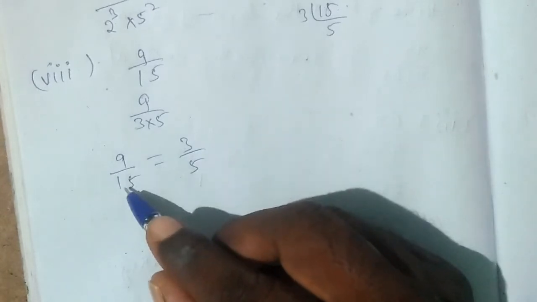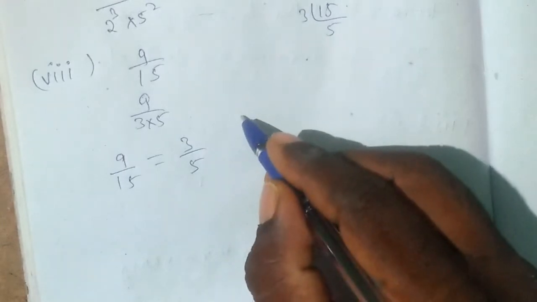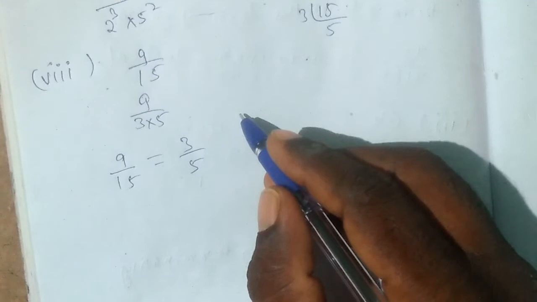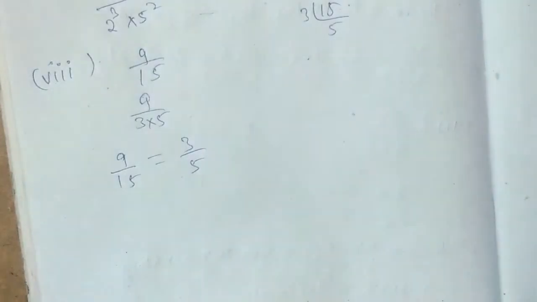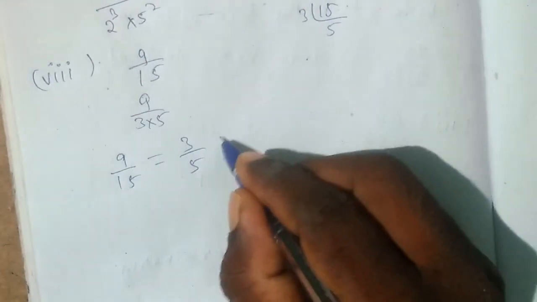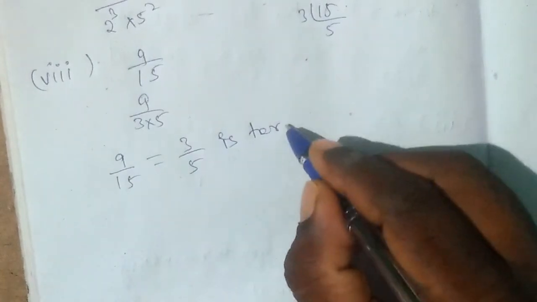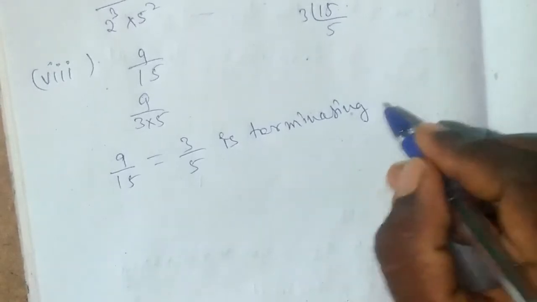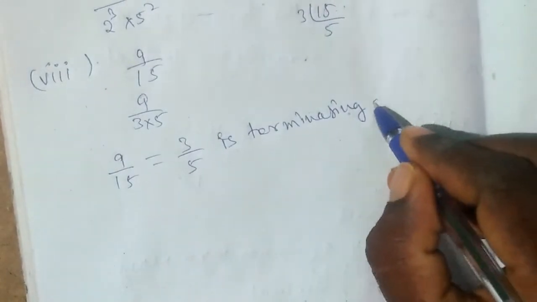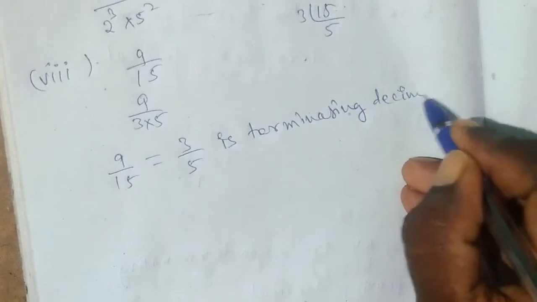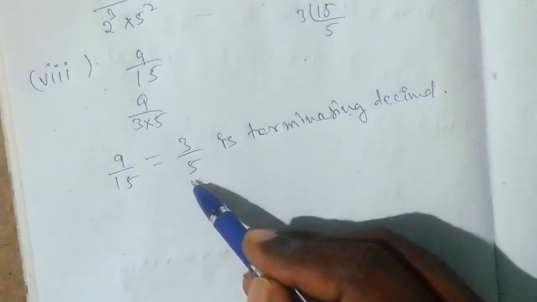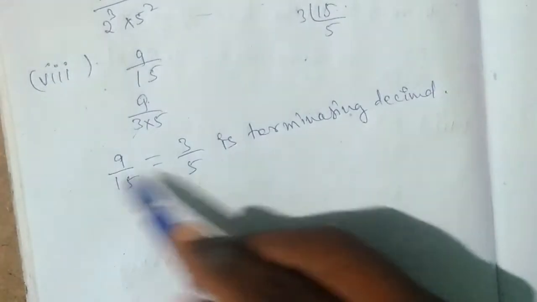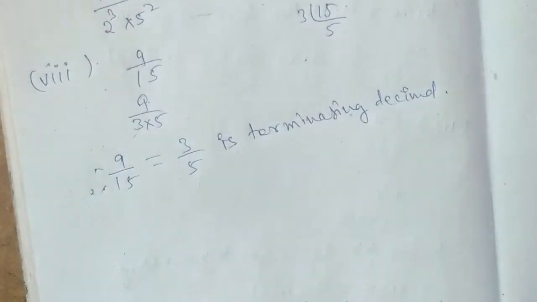So 9 by 15 is equal to 3 by 5, which is a terminating decimal. How can you get 3 by 5? 3 1s are 3, 3 3s are 9. That's why I wrote here 3 by 5.